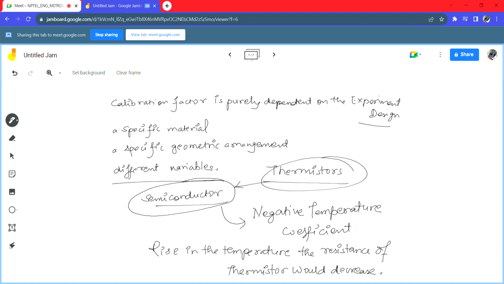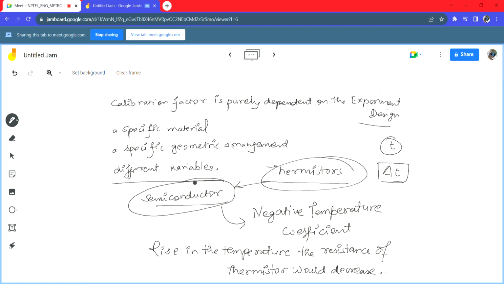But we are indifferent to the fact that the rise in temperature is giving a decrease in resistance, because we just want to measure the difference that is arising because of the rise. So rather than being dependent on T, we are more interested in delta T, or rather than being interested in R, we are more interested in delta R.